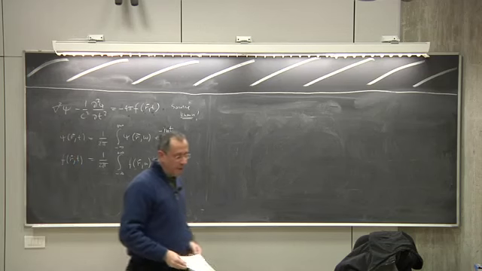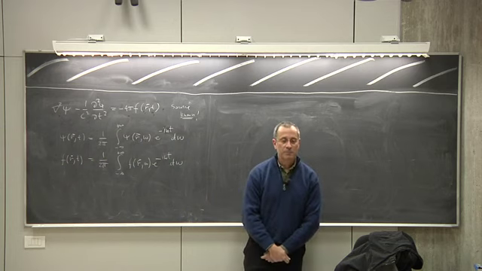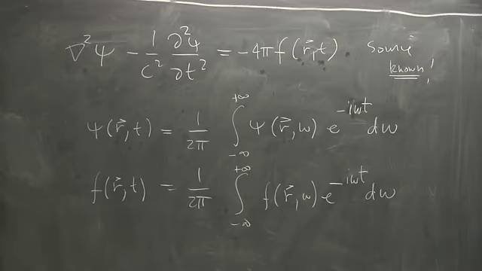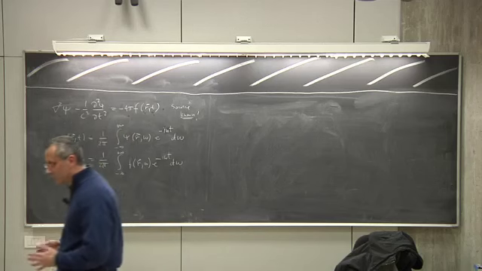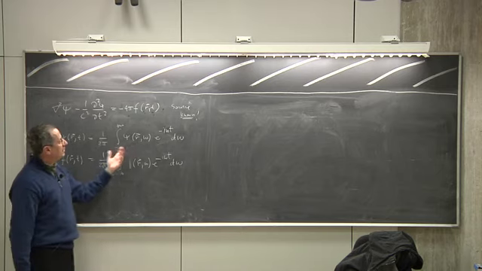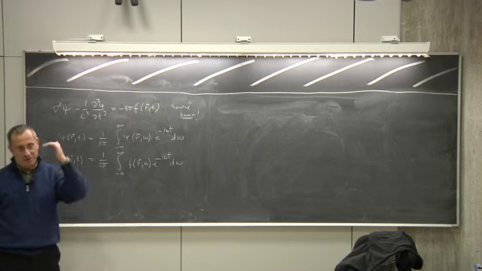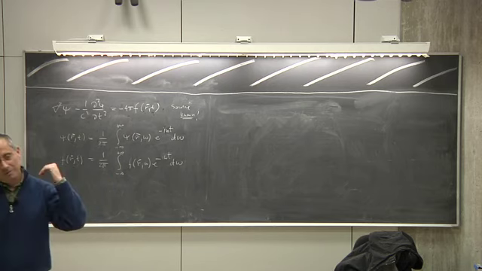Do you remember why Fourier transforms are useful? Why do we go through the trouble of introducing a Fourier transform? They must be useful, because otherwise, in physics, you rarely do something that is not useful. And physicists are very lazy. So it must do something to a differential equation. I told you several times last year.